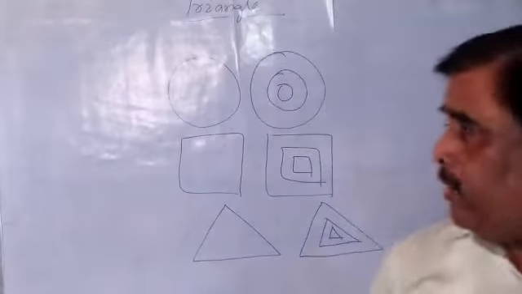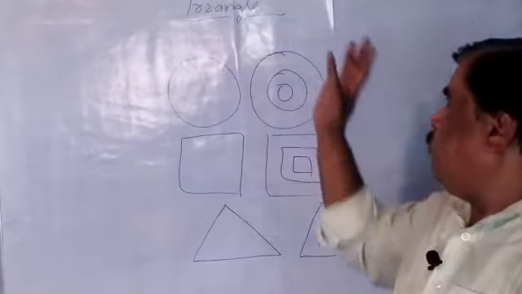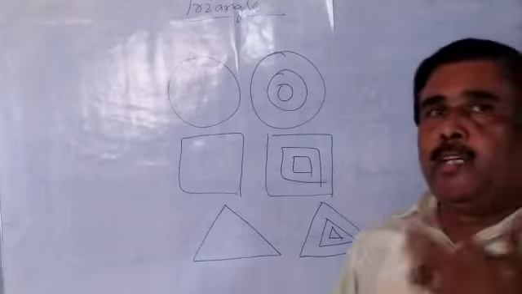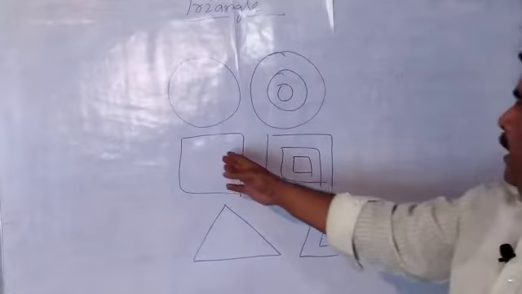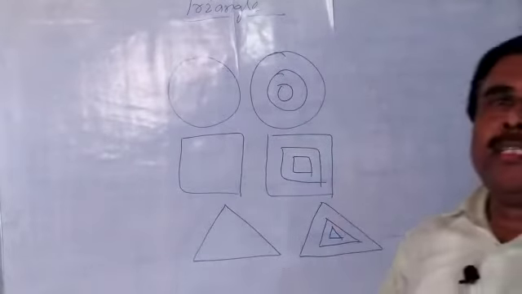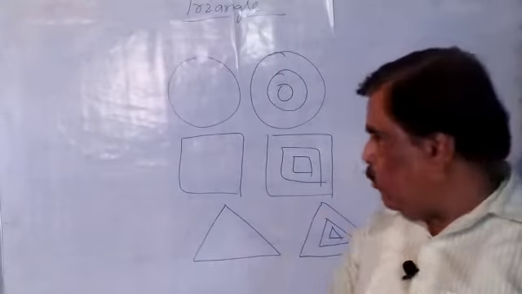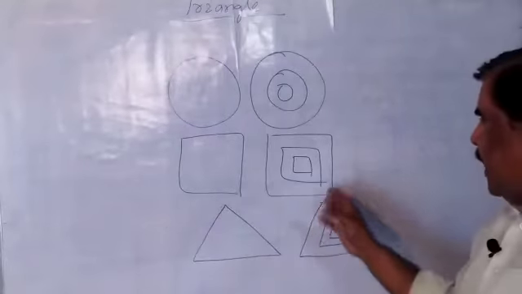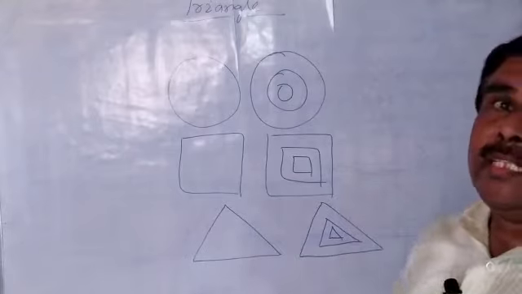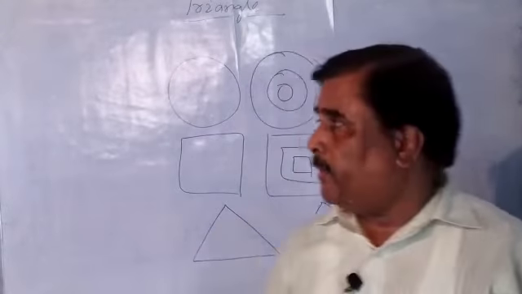As we know that if the radii of two circles are same, then they are congruent. If the length of sides of two squares are same, then they are congruent. If the length of sides of two equilateral triangles are same, then they are congruent.